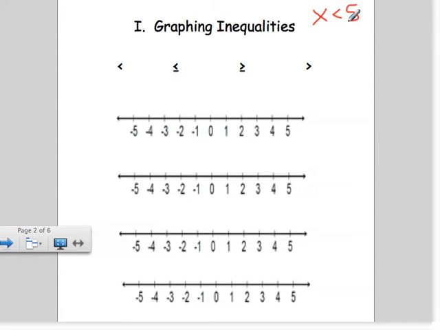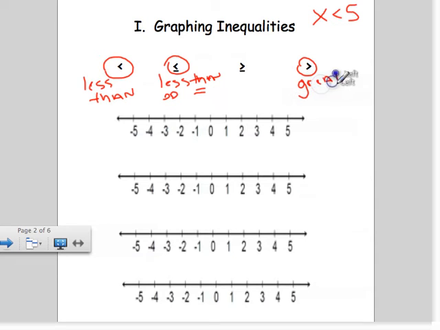So the different types of inequalities you'll see are less than, less than or equal to, greater than, or greater than or equal to.